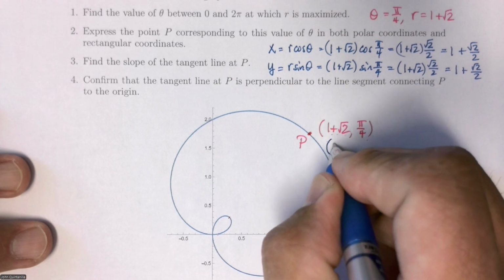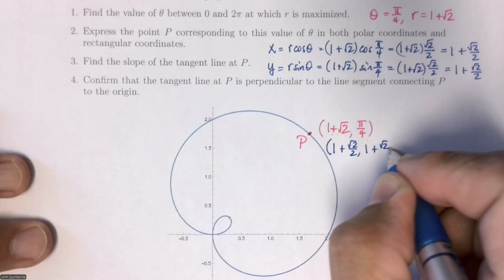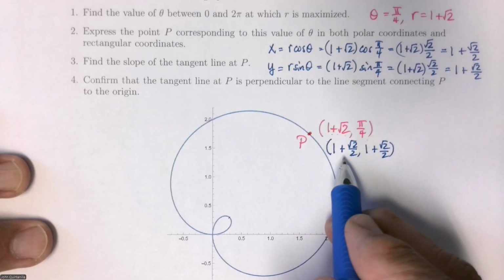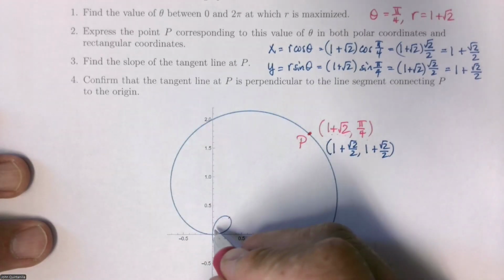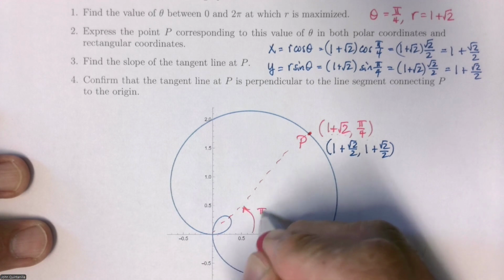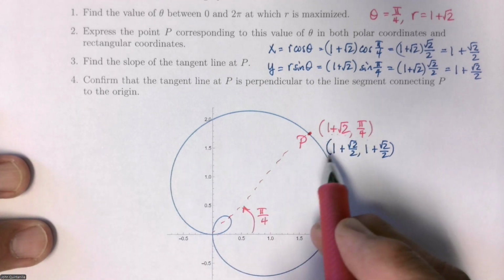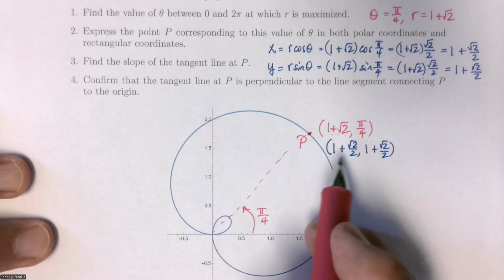In rectangular coordinates, it's 1 plus square root of 2 over 2, 1 plus square root of 2 over 2. The x value and the y value are the same, and that makes sense because this angle here is pi over 4, and so it makes sense that on this line, the x and y coordinates are all the same.